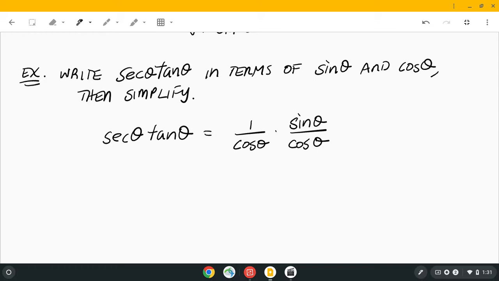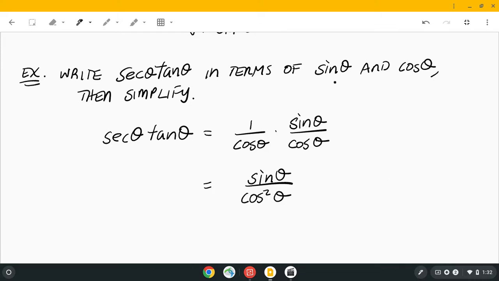Okay. So we have this here, and it turns out 1 times sine is sine theta, and then cosine times cosine is cosine squared. Okay, and it says to write it in terms of sine theta and cosine theta, so I'm going to go ahead and stop right there.